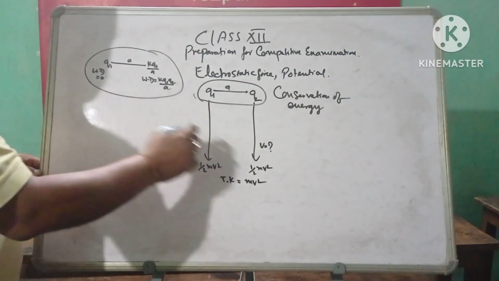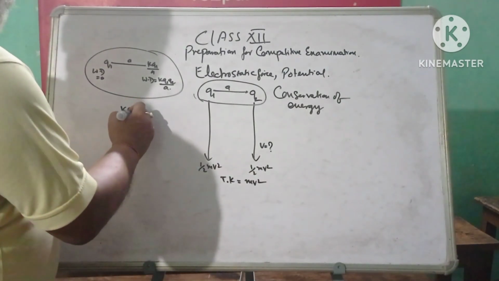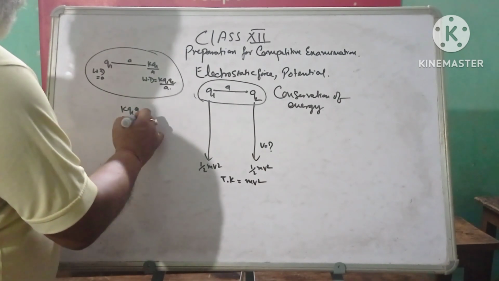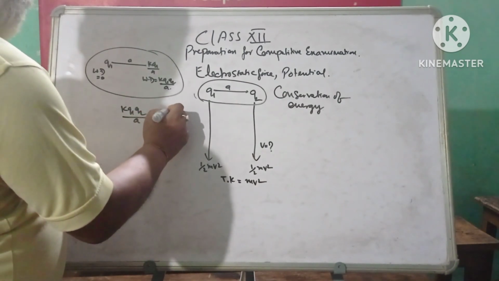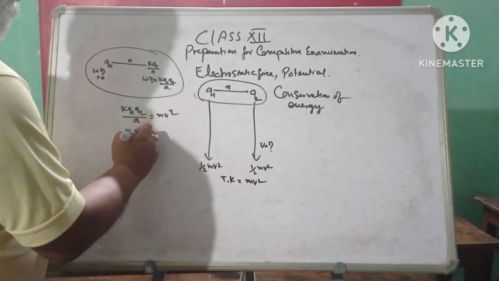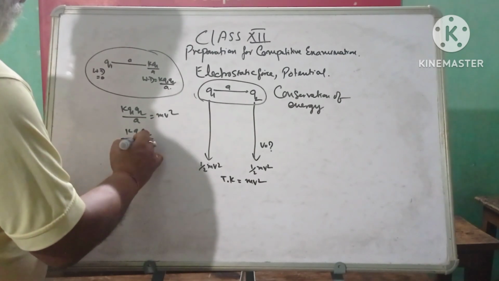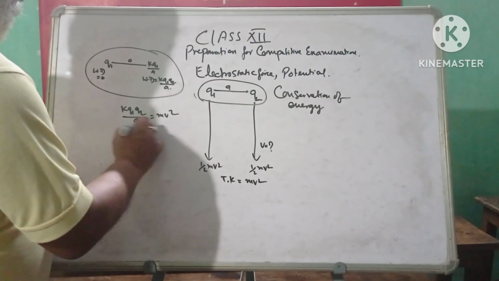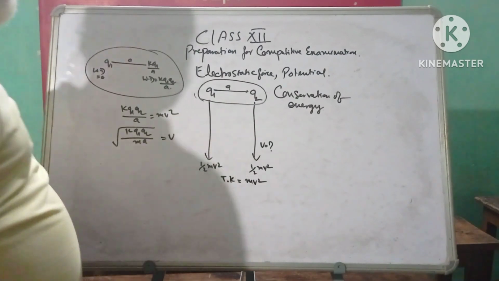If you now equate these two, from conservation of energy, kQ1Q2 by A will be m v square. So v equals root over kQ1Q2 by mA. This will be your final velocity.